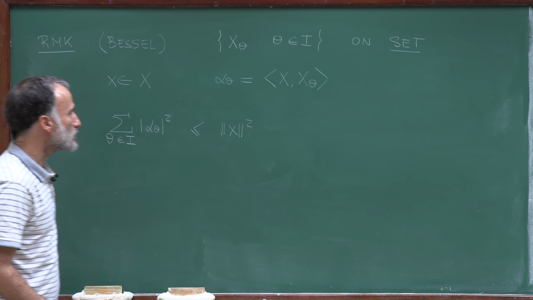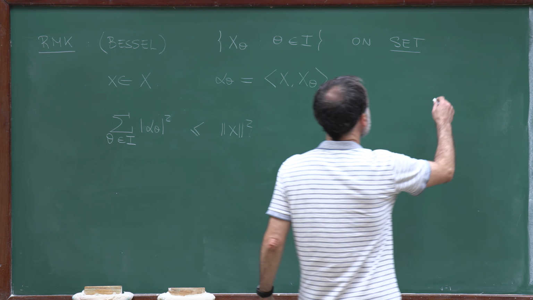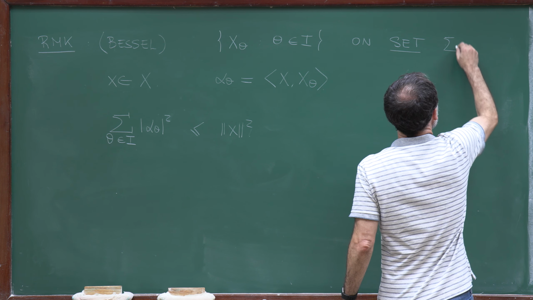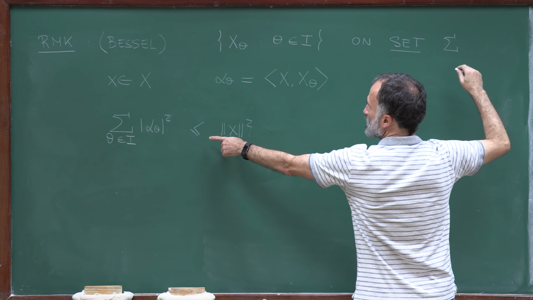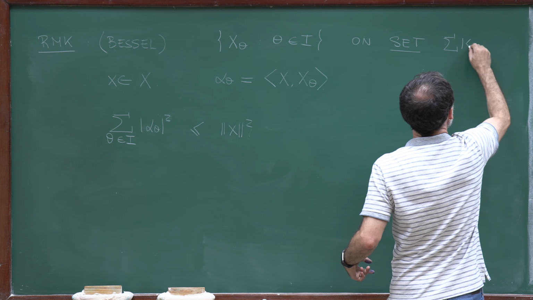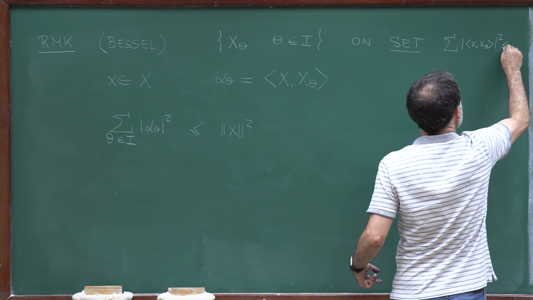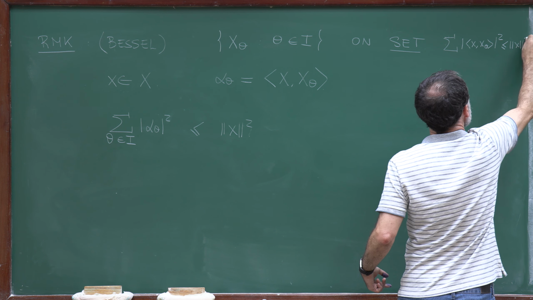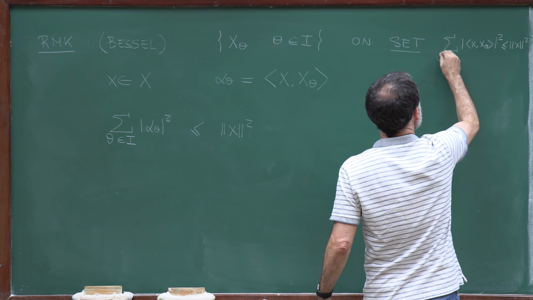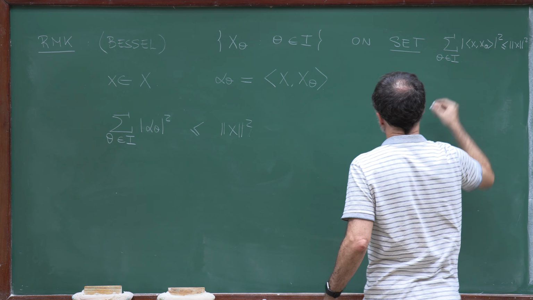So let me rewrite it here: since alpha_theta is the scalar product of x and x_theta, the sum of the absolute values of (x, x_theta) squared, in which theta runs in I, is bounded by the norm of x squared.